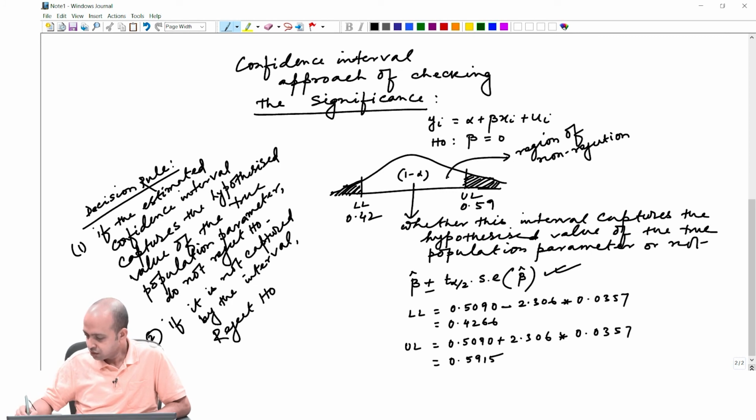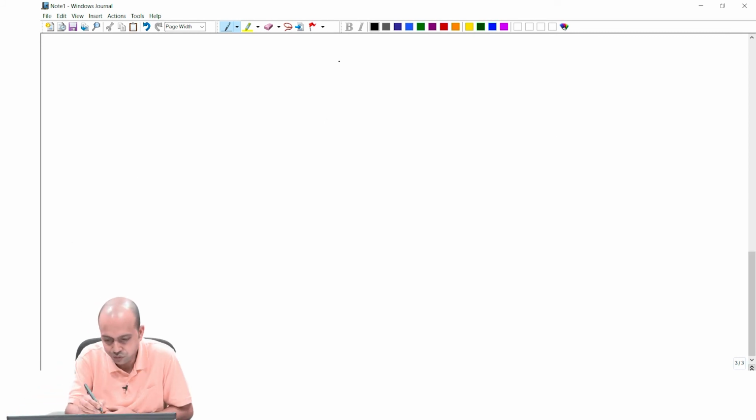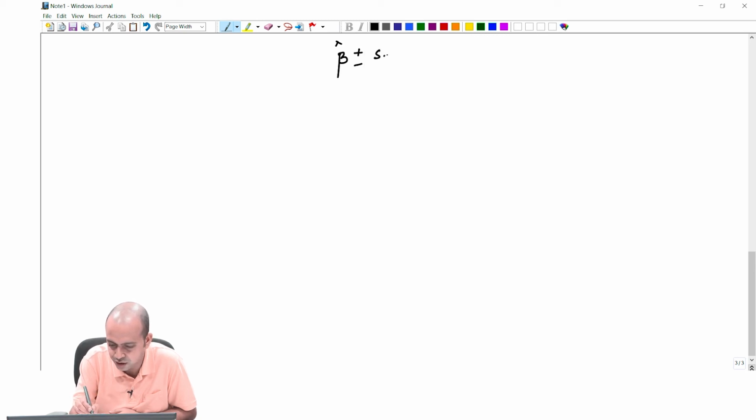Now, one more thing we have to remember. We said that the interval is estimated using this formula: beta hat plus minus t alpha by 2 into standard error of beta hat.